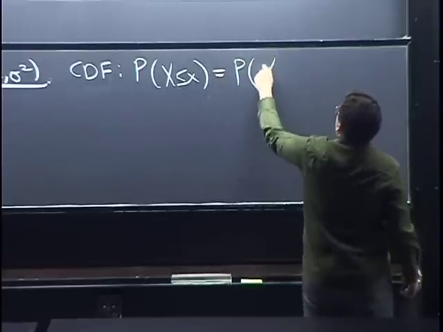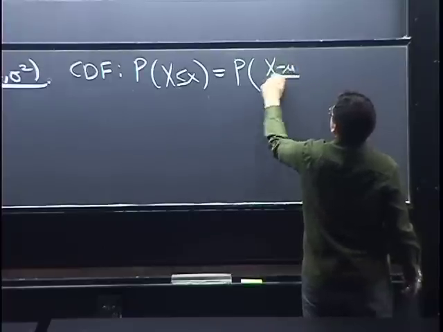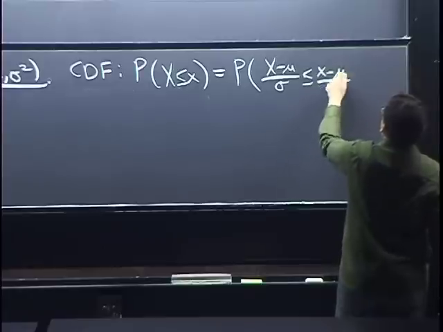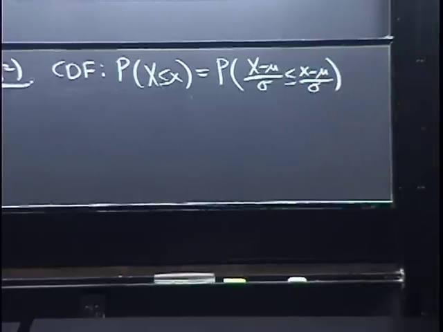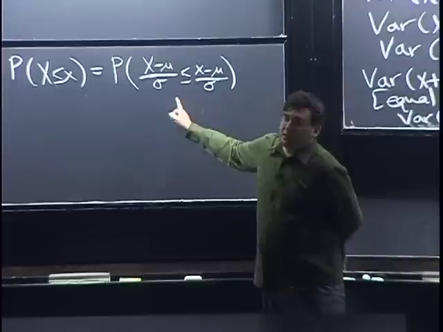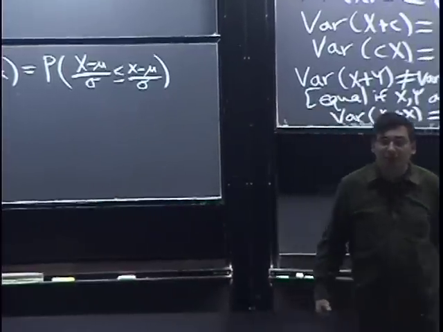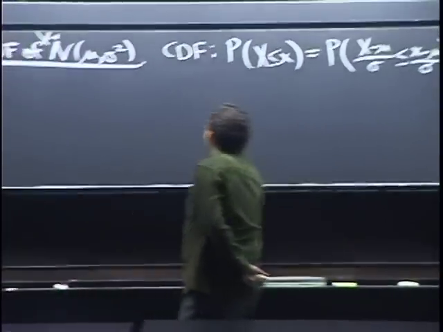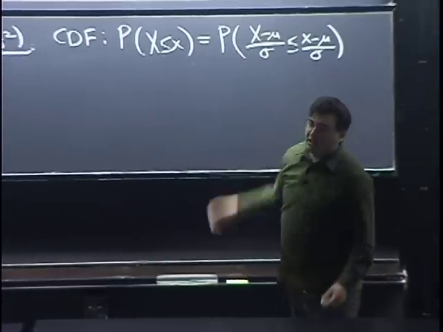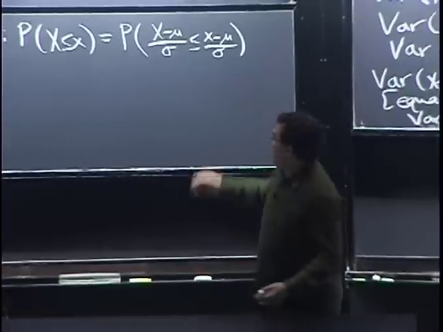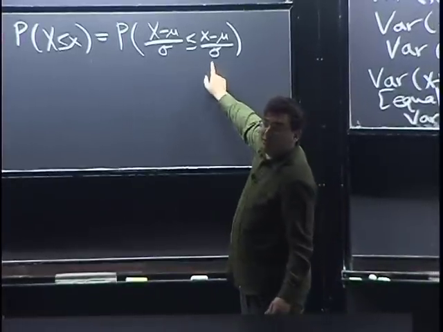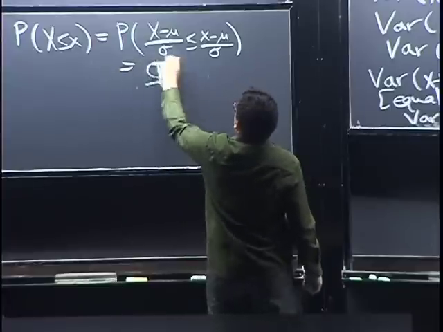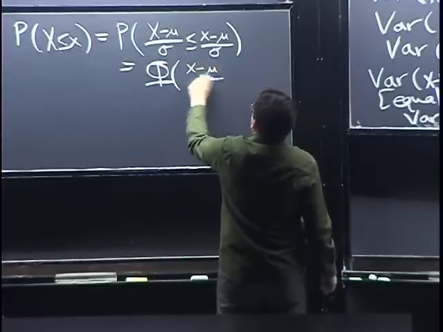That's the same thing as saying x minus mu over sigma is less than or equal to lowercase x minus mu over sigma. Sigma is positive, so it doesn't flip the inequality. So I standardized it. The reason I standardized it was because now the thing on the left is standard normal. So by definition, this is just the CDF of the standard normal evaluated here. So we immediately know that that's just capital phi of x minus mu over sigma.